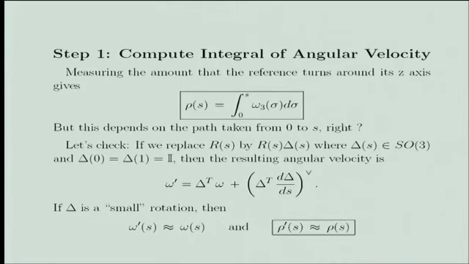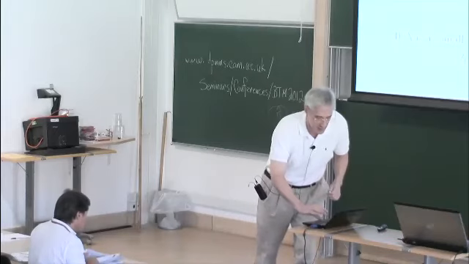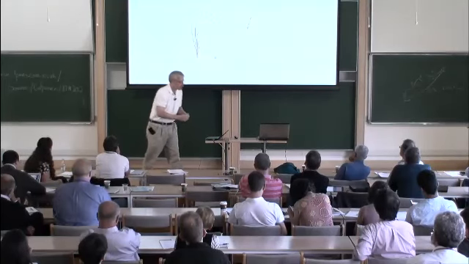But what this computation shows is that it's not very sensitive to that curve. In other words, if I give you one curve that's attaching two reference frames and I perturb from that curve, then the amount of twist that you get will not be very sensitive to those sorts of small perturbations.